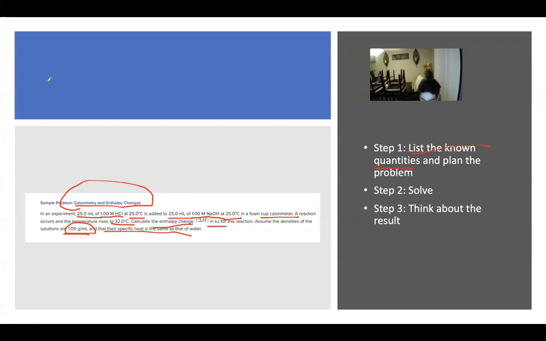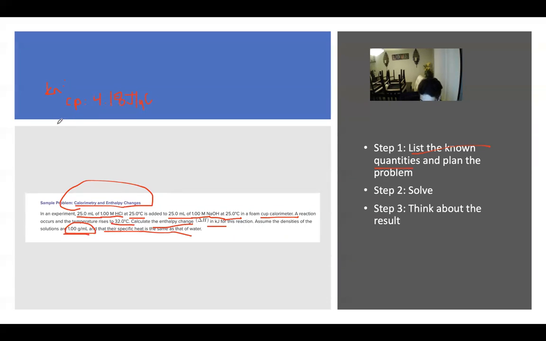So now we're saying that our known values are going to be your specific heat. Your specific heat of water is 4.18 joules per gram Celsius. We said that on your page. And then they're giving us volume.